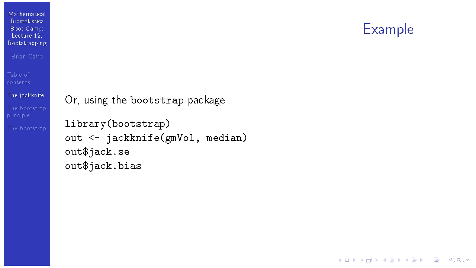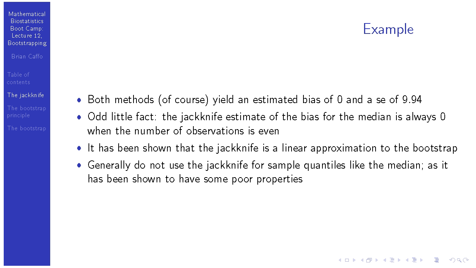In the bootstrap library, out is the jackknife function of my list of gray matter volumes, and the function I want to calculate the jackknife estimate of is the median. I assign that to a variable out. Then I pick out the standard error and the bias calculation. Both methods yield an estimated bias of 0 and a standard error of 9.94.